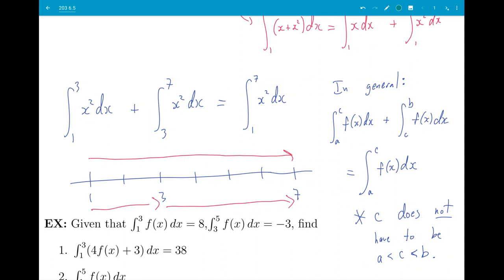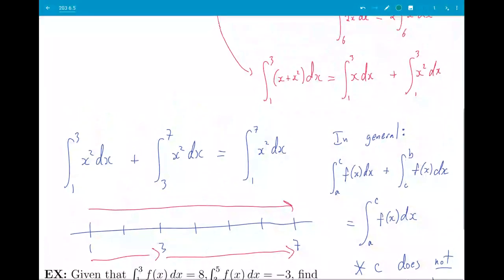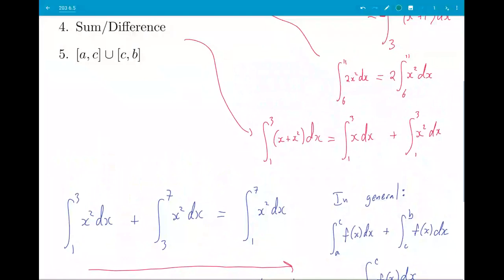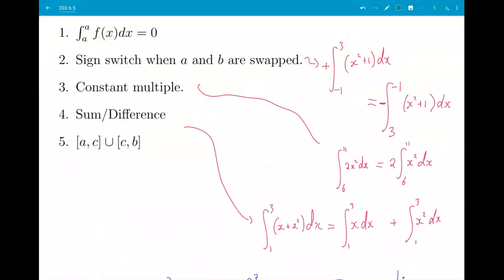Even when I write it, it's a bit weird at first. You often think about the smaller number on the bottom and the bigger number on top, but we don't need that, right?